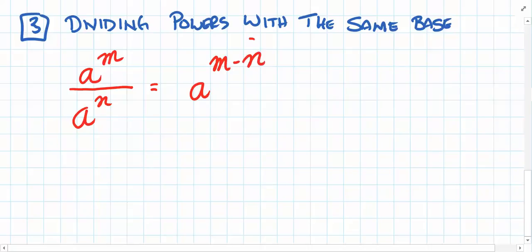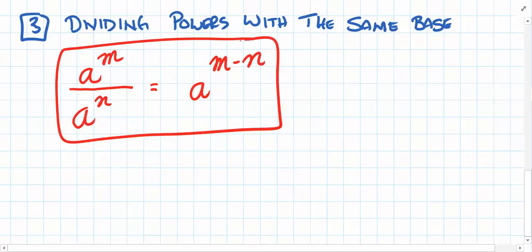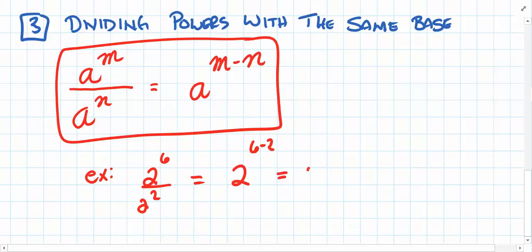We already talked about that a little bit in the previous lessons as to why that works. As an example, if we have 2 raised to the power of 6, all divided by 2 raised to the power of 2, it's just 2 to the power of 6 minus 2. The exponents are being subtracted because I have the same base, which is just 2 to the 4th. And we would be done with that. Or you could take that out and actually simplify it.